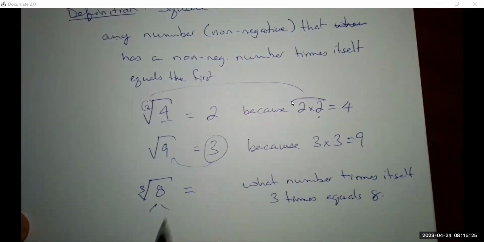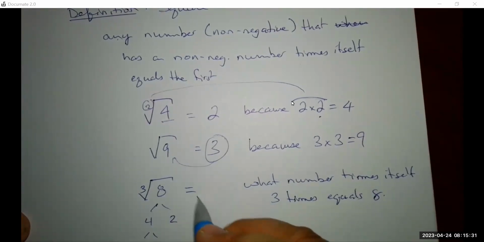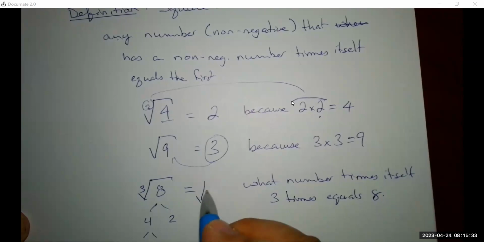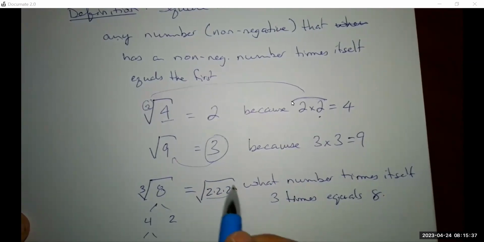Well, let's factor out 8. It's made up of 4 times 2. 4 is made up of 2 times 2. So 8 is made up of 2 times 2 times 2. Since it happens 3 times, the answer is 2.